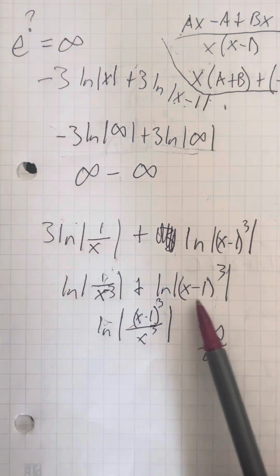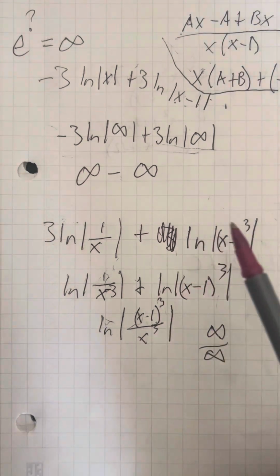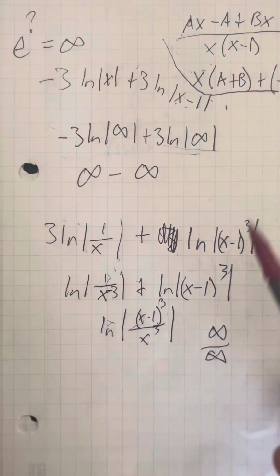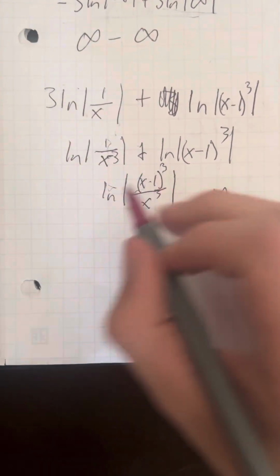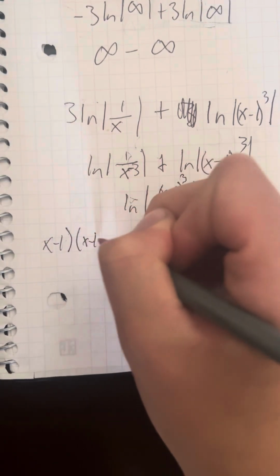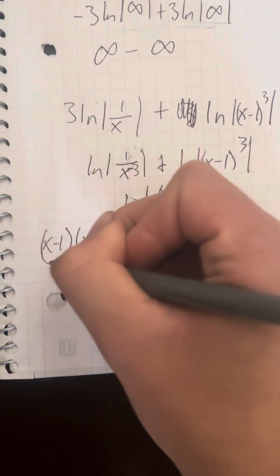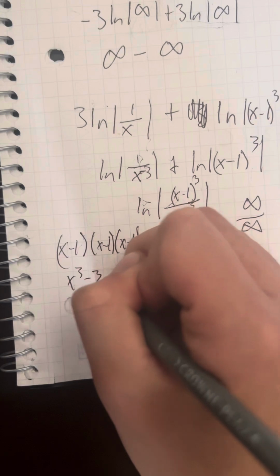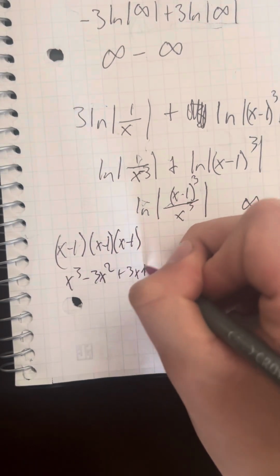Now, I did realize I made a mistake. So 3, and this is also going to be 3. I think it would be easier to just factor out 3, but I'll show you guys that later. I'm just showing you what I did first. So then I actually solved what that is, and if you solve that expression, you get x to the third minus 3x squared plus 3x minus 1.